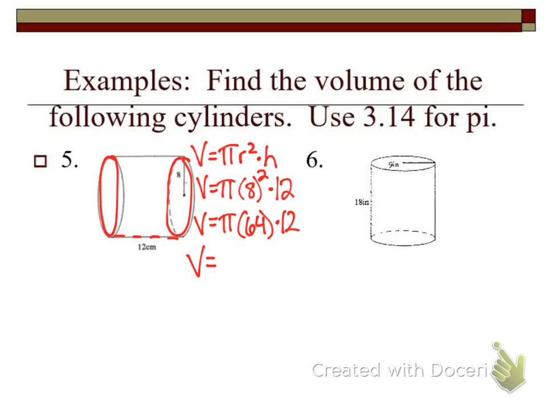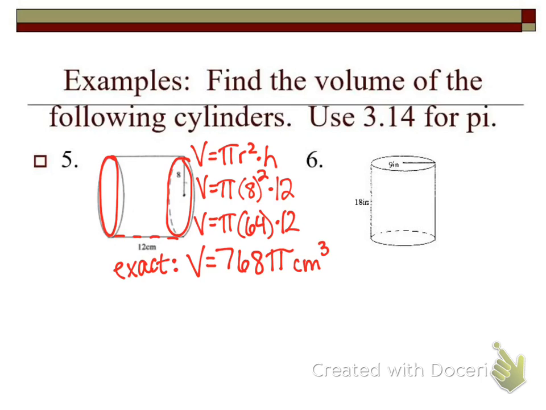Connor? Okay. 768. 768, and so that's before we multiply the pi to it. So if we are looking for exact, we're leaving the pi as the symbol pi. Our units would still be centimeters cubed because we're still finding volume, so it's still units cubed.